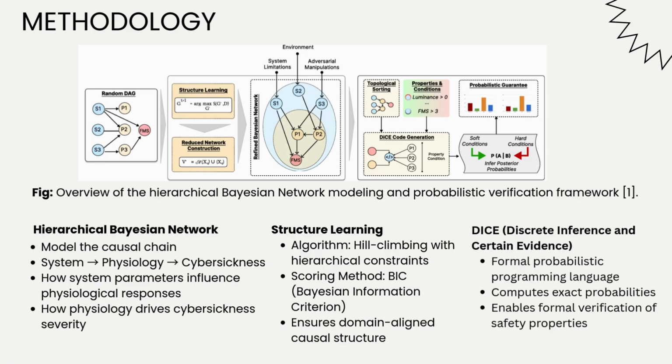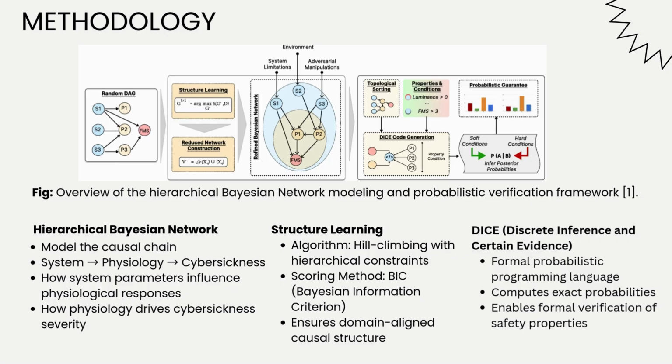Okay, so the methodology I implemented comes from the paper I already mentioned, Probabilistic Verification of Cyber Sickness in Virtual Reality through Bayesian Networks. The paper proposed a complete framework with three main components, as you can see in this architectural diagram. First, the directed acyclic graph.